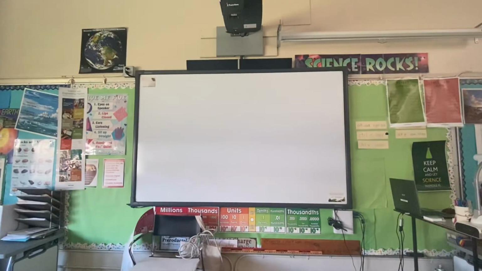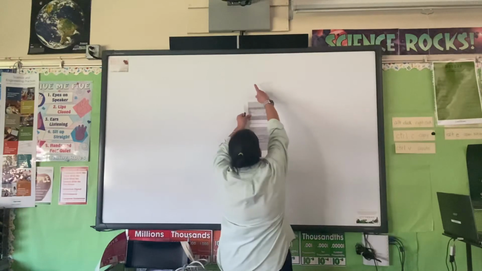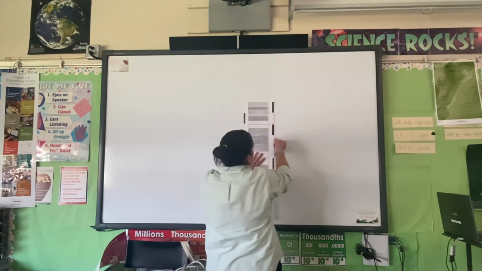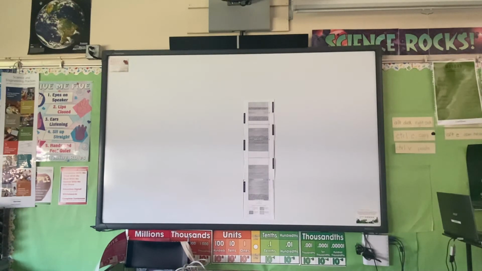Let me back this out a little bit so that you can see. We have a giant column of rock. On this column, we look at the different types of rock.